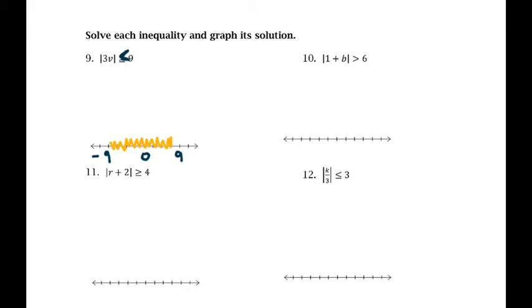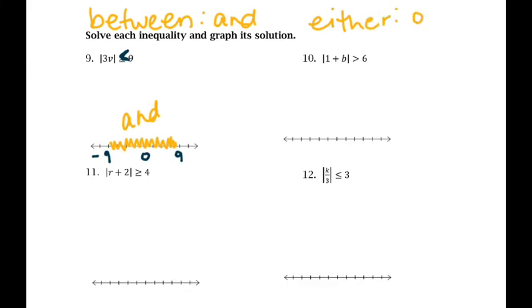So that's an and situation, because it's less than 9 and greater than negative 9. When my numbers are between there, I'm talking about and, as we've seen in the last examples. If I'm talking about either, greater than or less than, I'm talking about or.